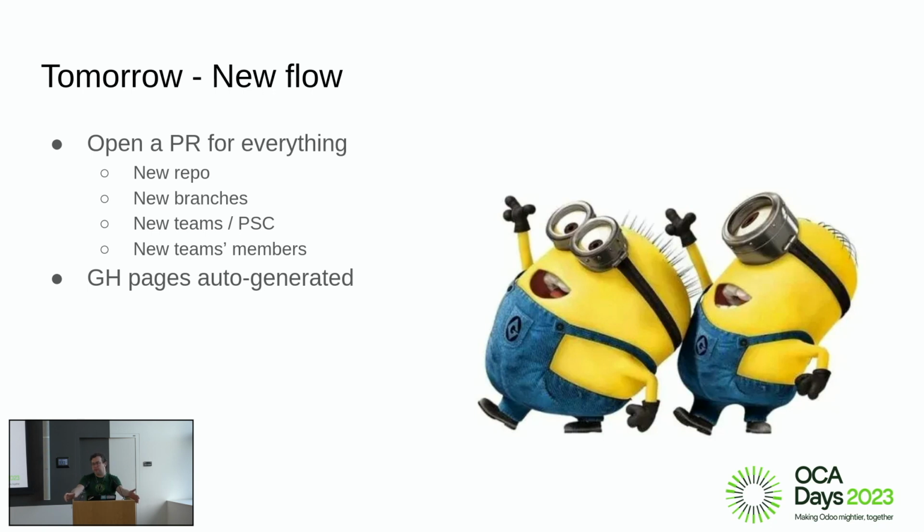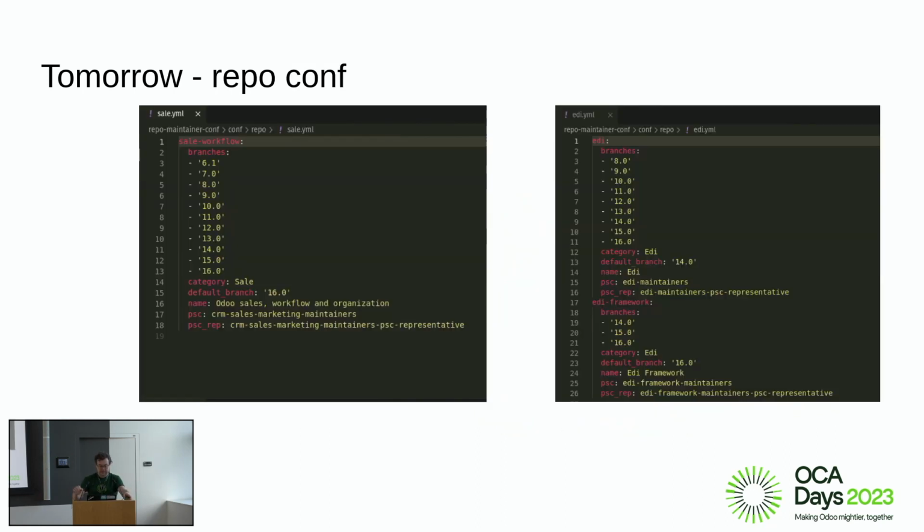So if we want to create a pull request on a new module talking about the stock, we just go to this page, check the repository, and we can see who's the team, who can we ask for help. And how is it done? Well, here, that's the repository configuration.